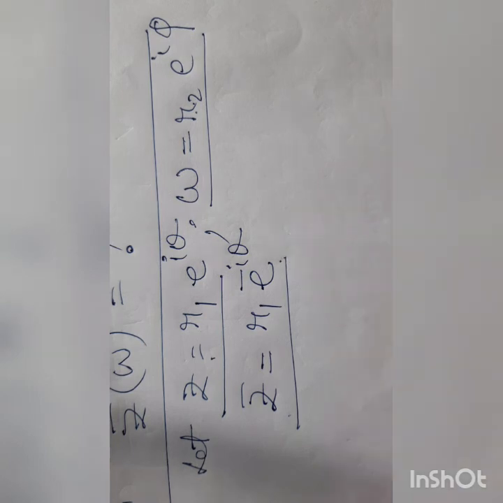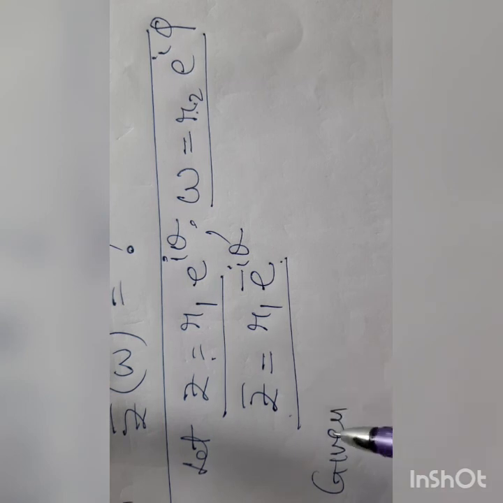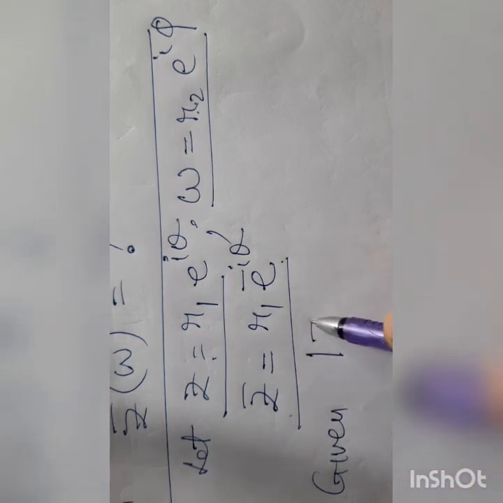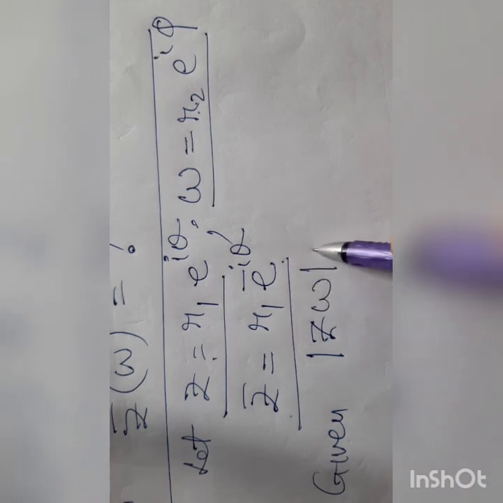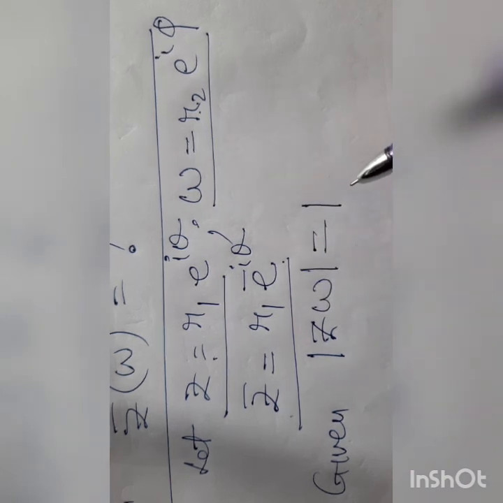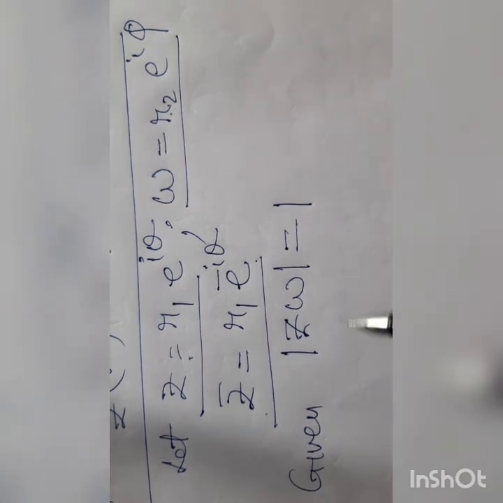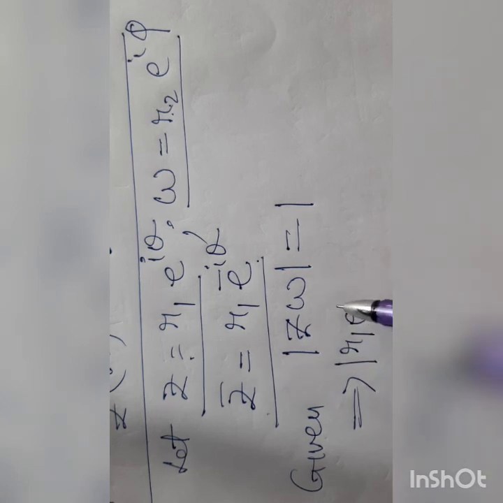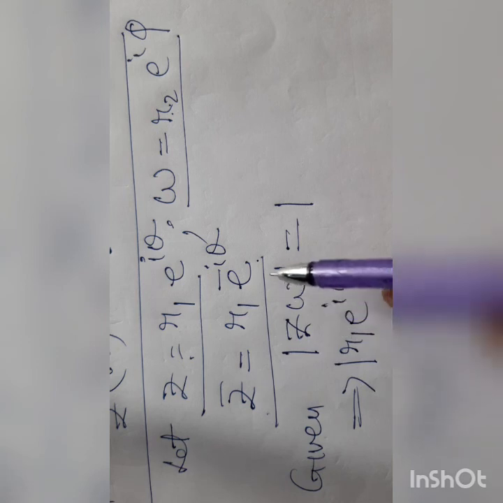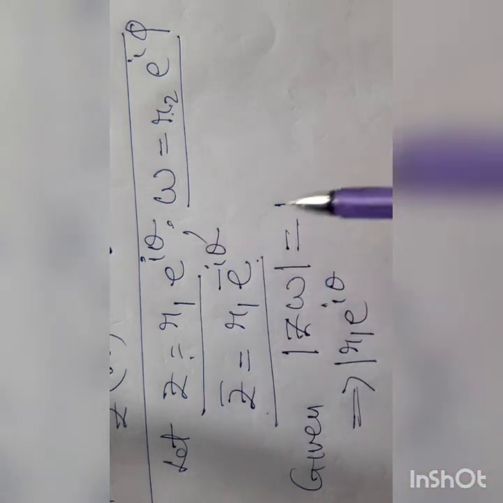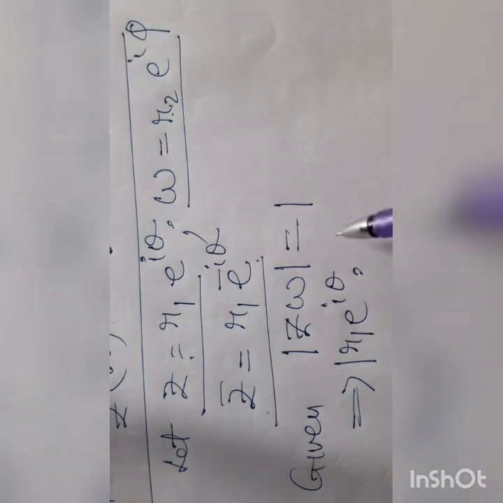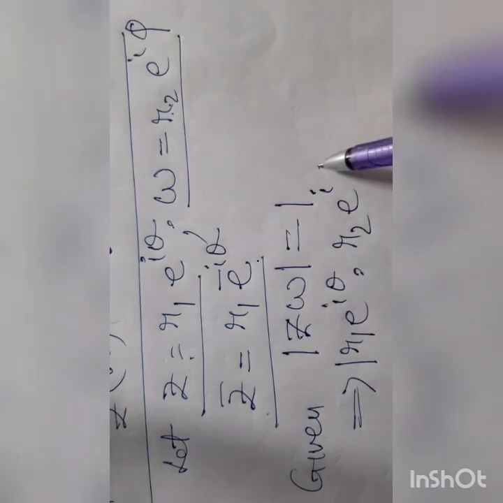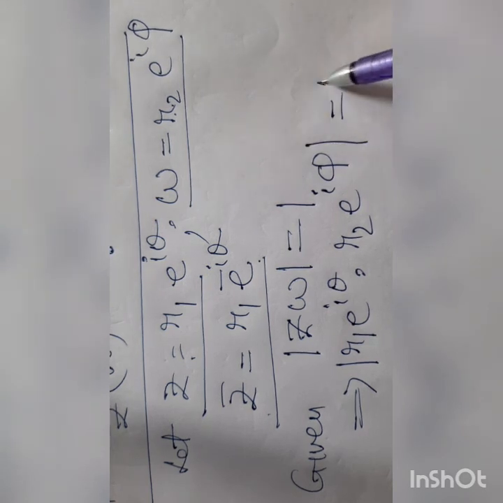Now, what is given? Modulus of Z omega equals 1 is given. So we can write this as modulus of r1 e power i theta times r2 e power i phi equals 1.